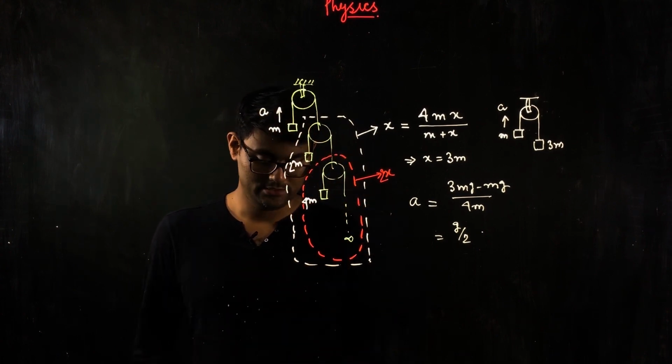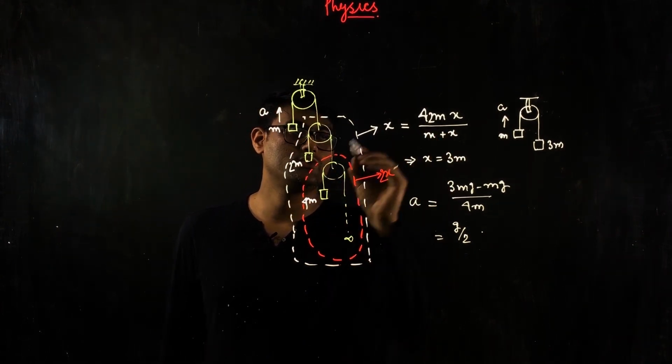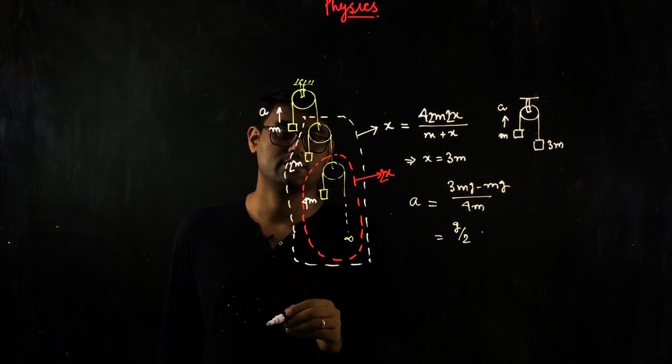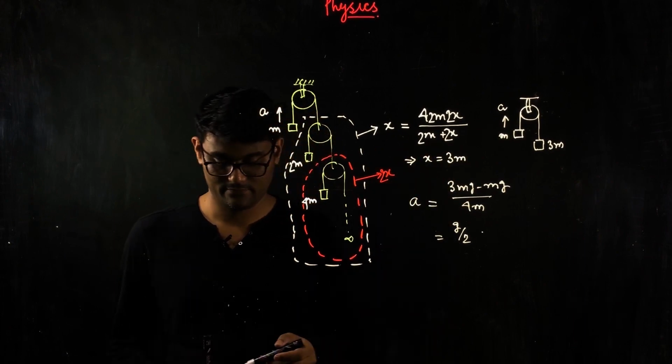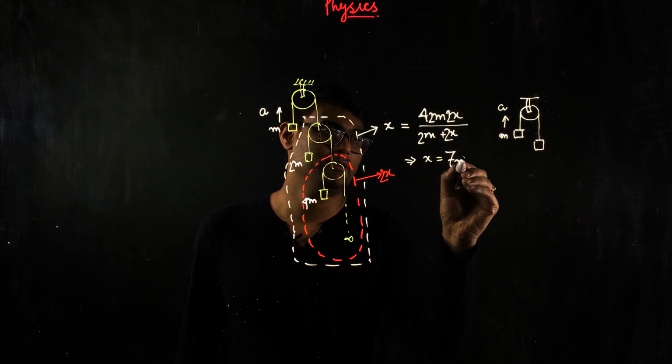So the only change will be here, that x equals 4 into 2m into 2x divided by 2m plus 2x. So when we solve it, you will find the value of x to be 7m.